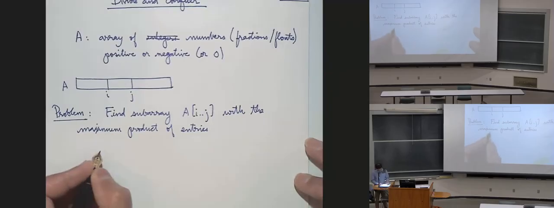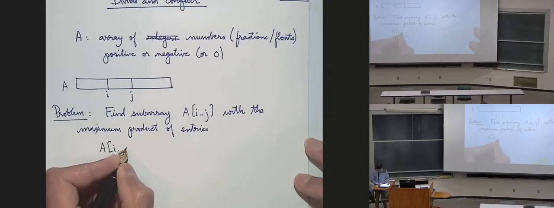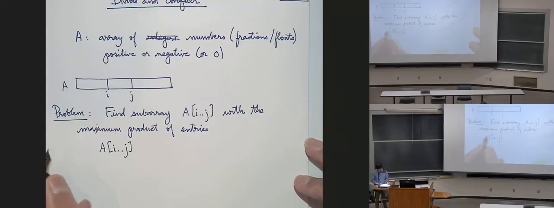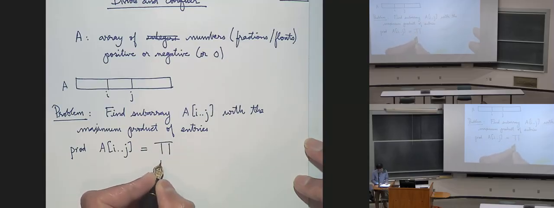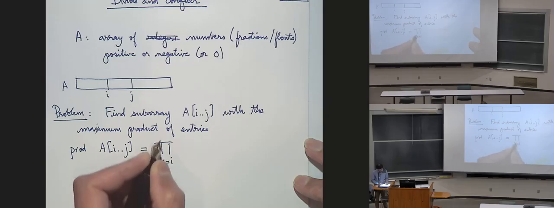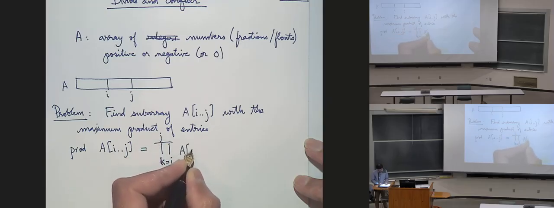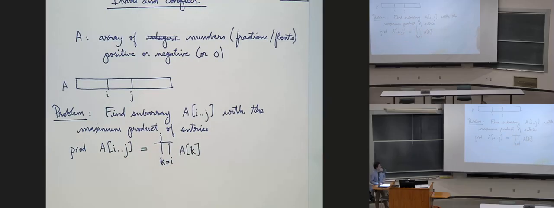So for example, if we're looking at this subarray from i to j, the product would essentially be the product over all k going from i to j of a_k, right? Just the product of all entries.